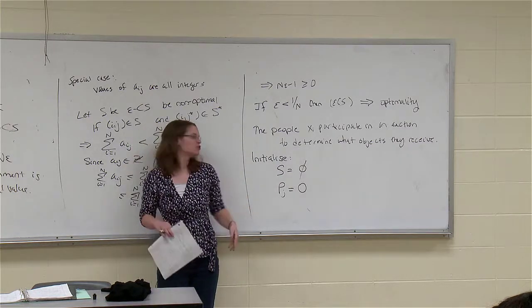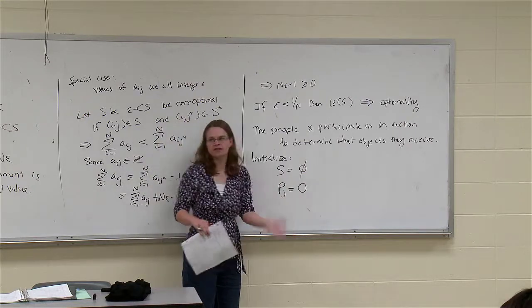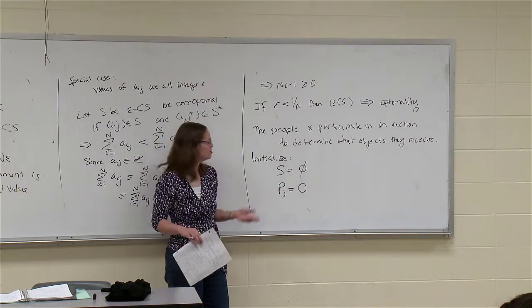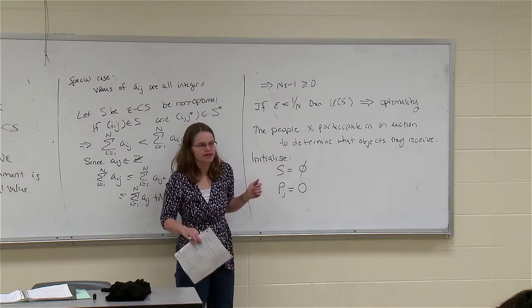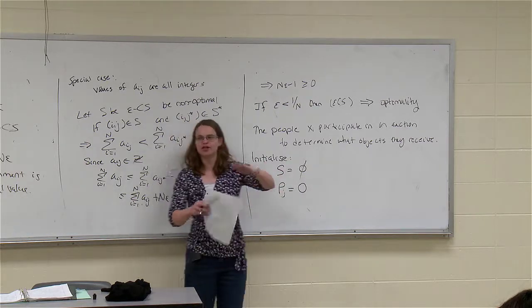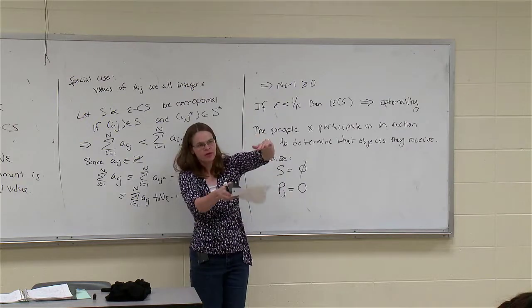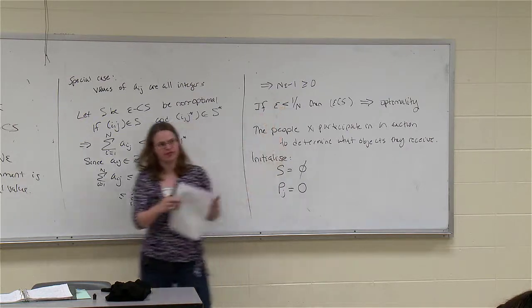So we're going to change the prices. The prices will go up as people bid on things. S is going to tell us who holds the high bid on each object after each stage of the auction. And the goal will be to do this in a way that we always have epsilon complementary slackness.